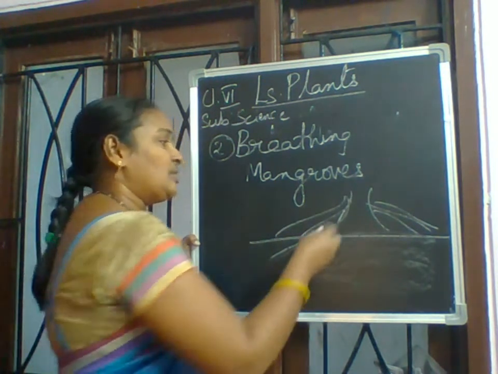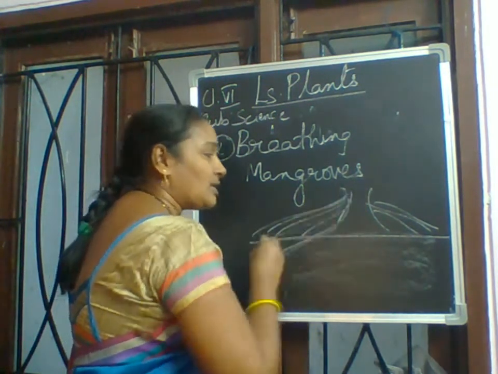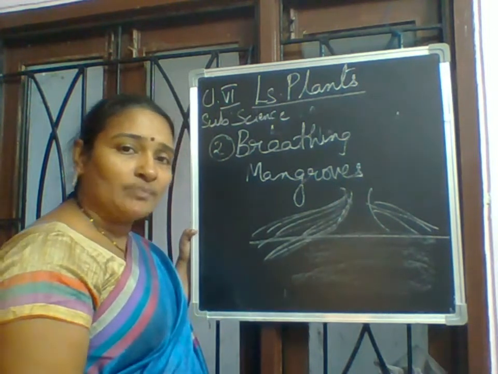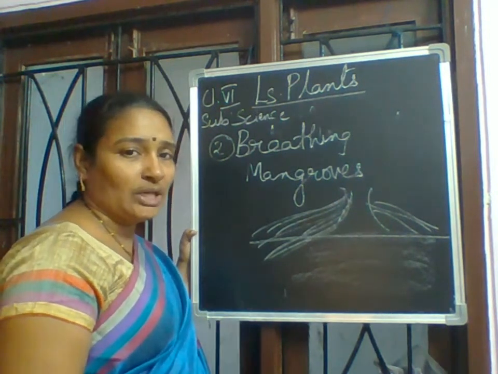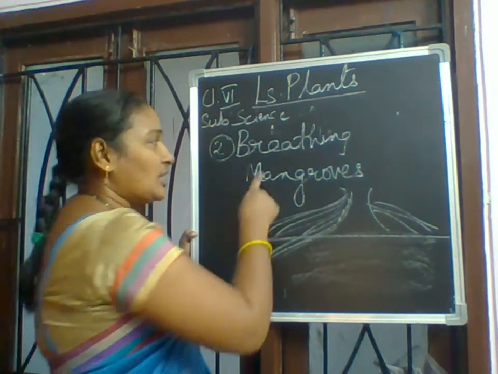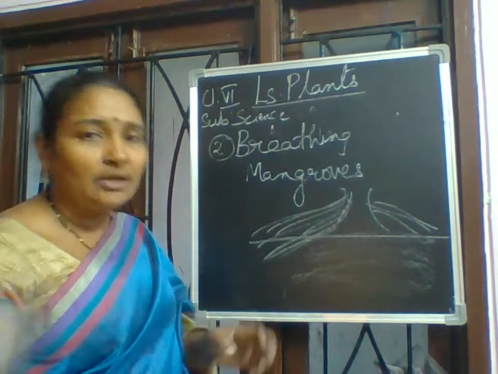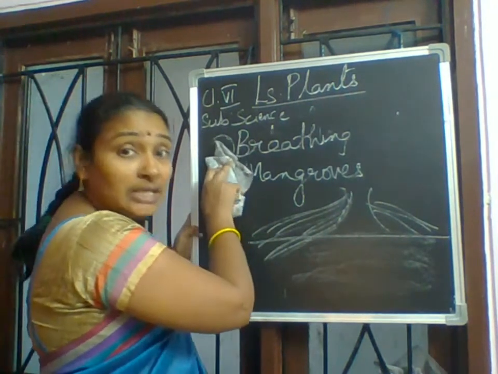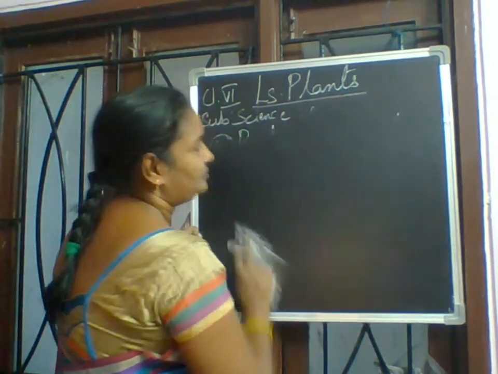So what they do is, additional roots arise and they are able to take in oxygen from the environment. Such kinds of roots are called breathing roots. This is the second modification.